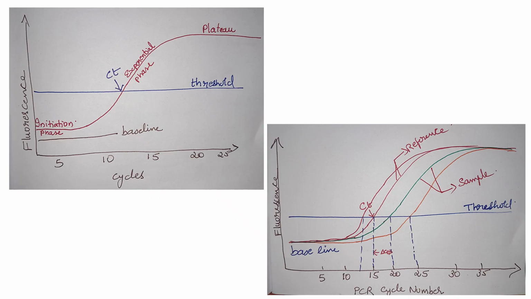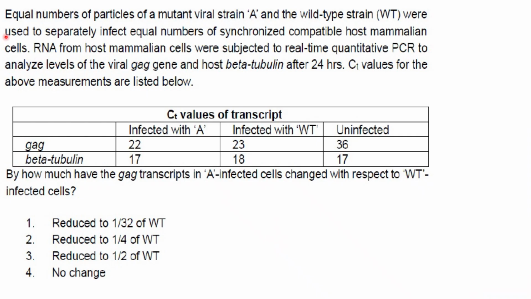Okay. Now come to the question. Equal numbers of particles of a mutant viral strain A. So there is a virus which is mutated, and the wild type strain, so the wild type virus is also there, were used to separately infect equal numbers of synchronized compatible host mammalian cells.